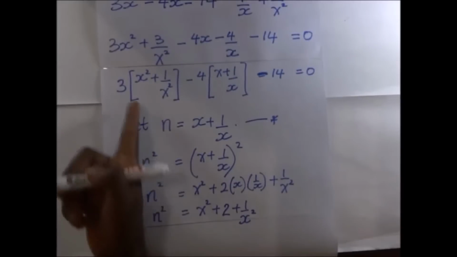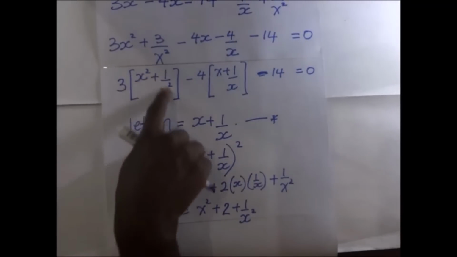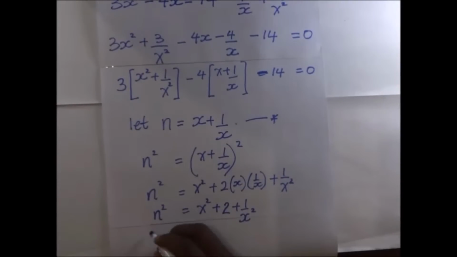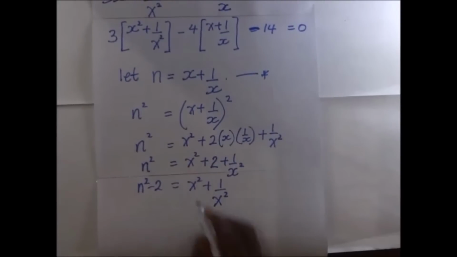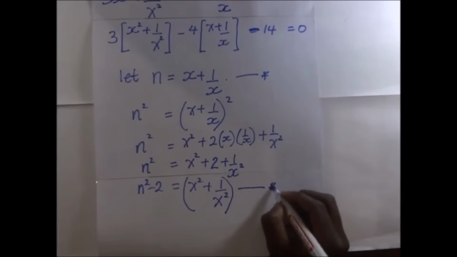For us to put this only on this side, this 2 comes to that side. So it becomes n squared minus 2 is giving us x squared plus 1 over x squared. So we have that expression as well.